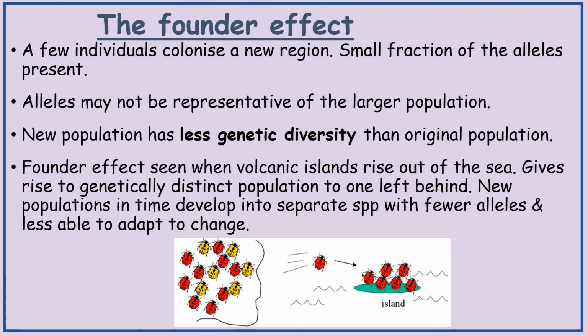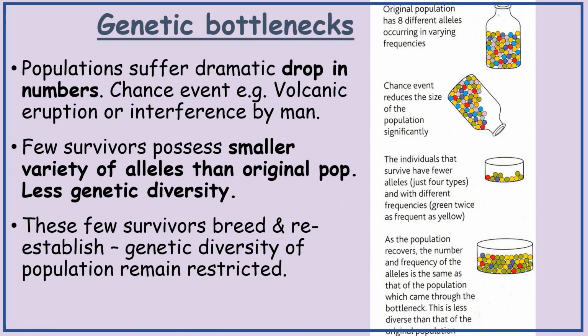The founder effect is seen when volcanic islands rise out of the sea, and it gives rise to genetically distinct populations to the one left behind. New populations in time develop into separate species with fewer alleles, and they are less able to adapt to change.